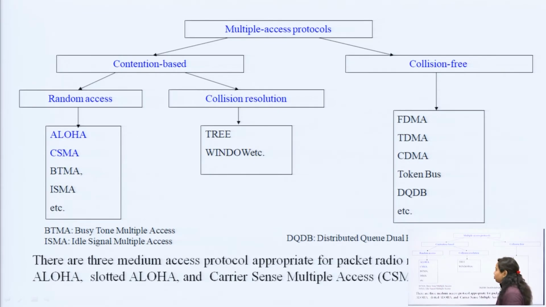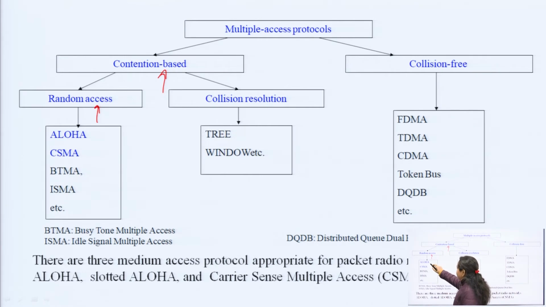You can see in this flow chart the multiple access protocols. There are two types of methods. The first one is contention based, which means it is based on collision. Contention means traffic, how much traffic there is, and how we are going to access a particular channel. This is random access.